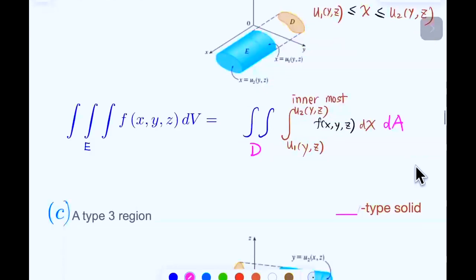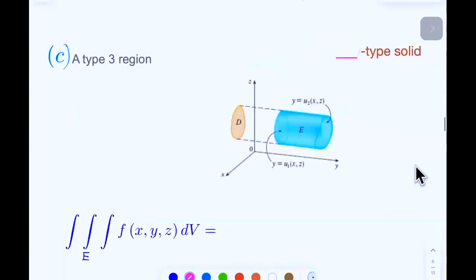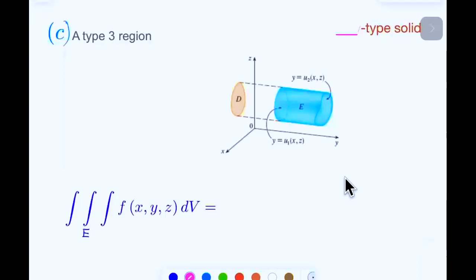All right, now type 3 region. It's also called a Y-type. I call it Y-type, just to make it easy to remember. So the y over here is going to be bounded below by u1 of x, z, and bounded above by u2 of x, z.